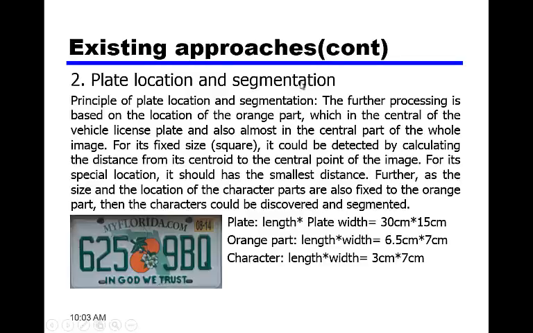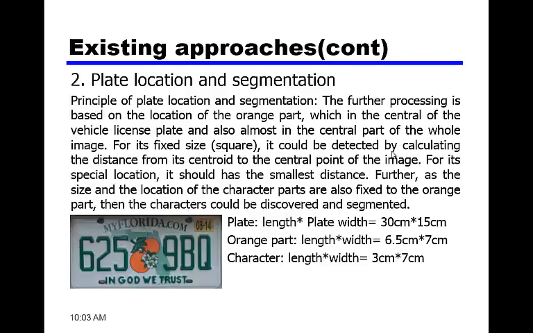And then it could be detected by calculating the distance from its centroid to the central point of the image, because the orange part is in the center of the vehicle license plate. You can get this from all my data, and it is also in the central part of the whole image.